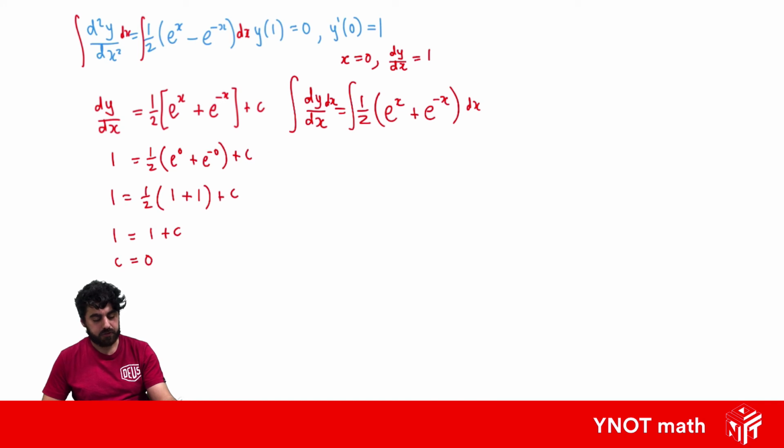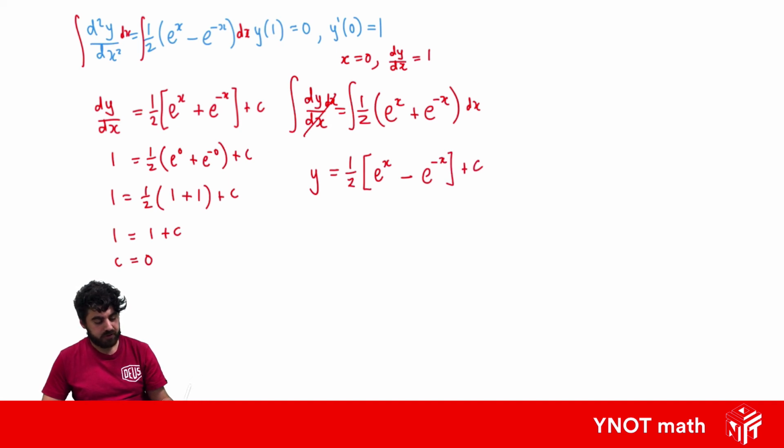So the integral of dy is going to give us y. The half we can throw outside the integral. Then the integral of e to the x is e to the x. The integral of e to the minus x, we divide by the negative, so we get a negative, e to the minus x, plus a constant.